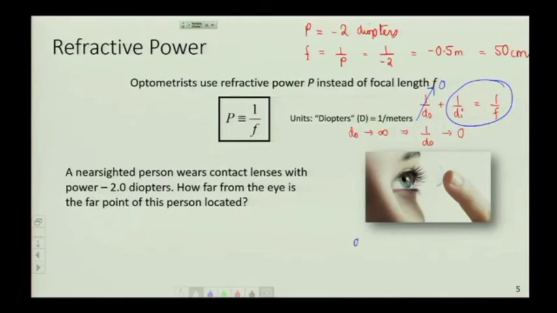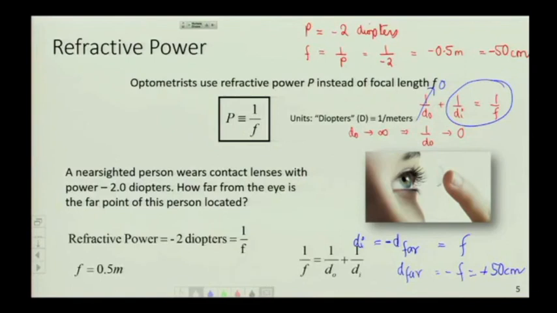I want my image to form at my far point. Or rather, image distance is -d far. So it's going to be d far, image distance is equal to F, right? So this is equal to F. That is to say, d far is -F, but F is -50, so this is going to be +50 centimeters. So your distance to your far point is 50 centimeters.